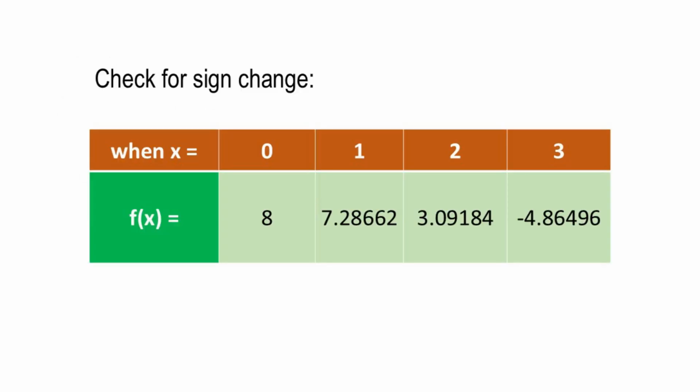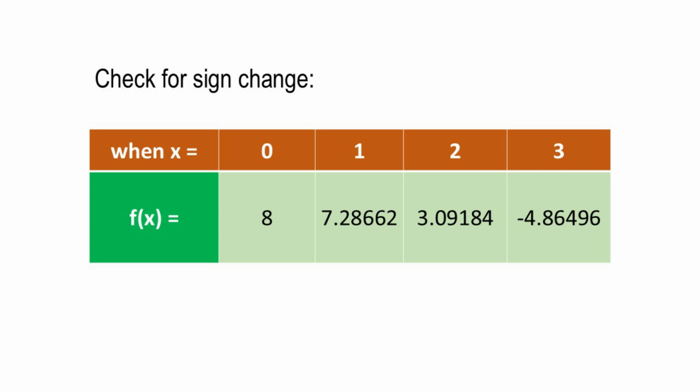Then next, we have to check for the sign change. So we substitute x by 0 to solve for f(x). The result is 8. And if we substitute 1 to the equation, the result will be 7.28662. And if we substitute 2, the result is 3.09184.